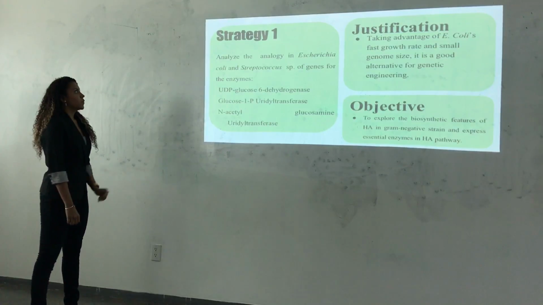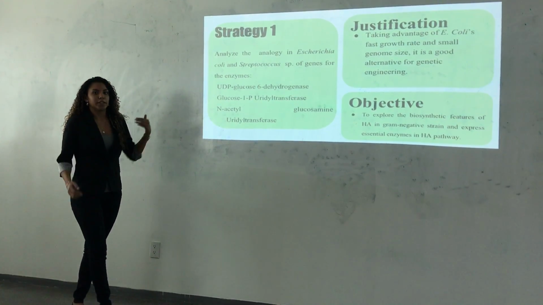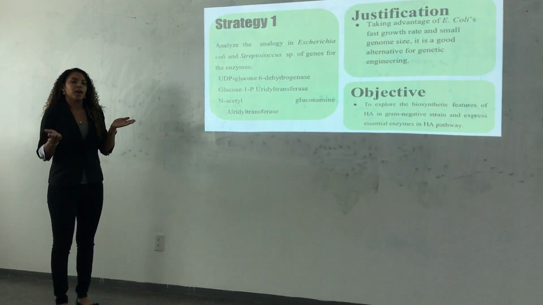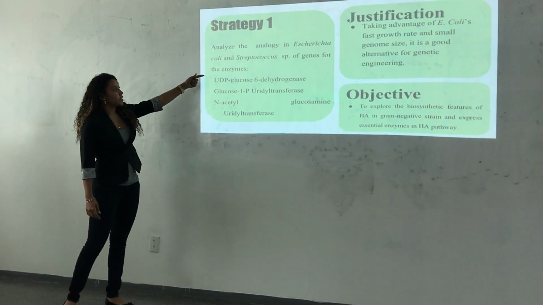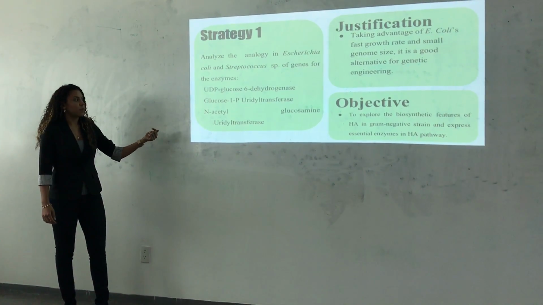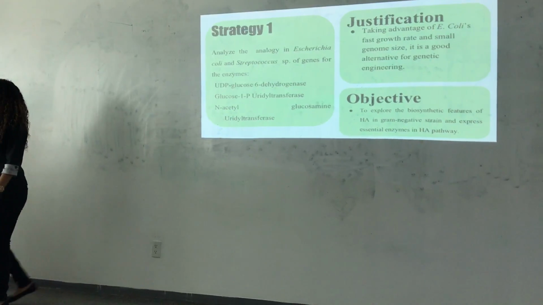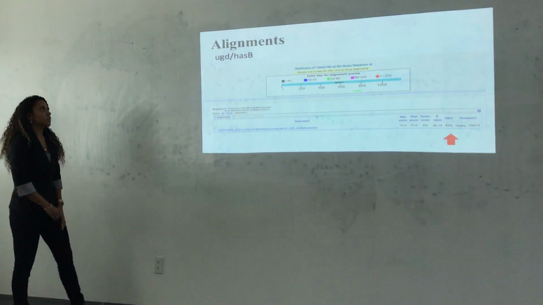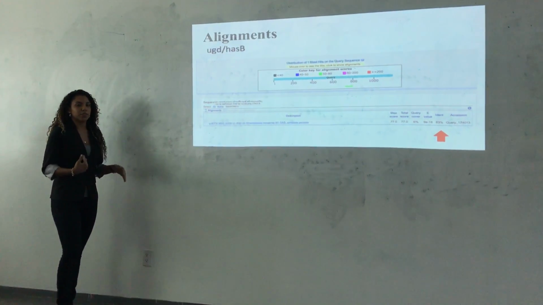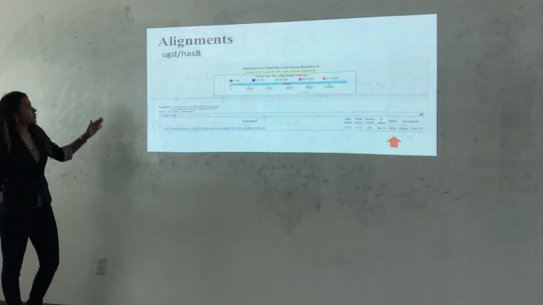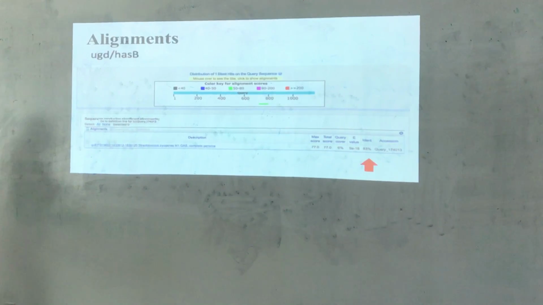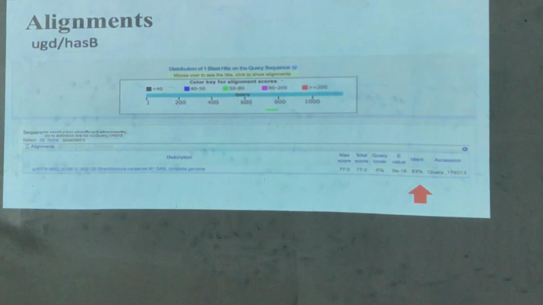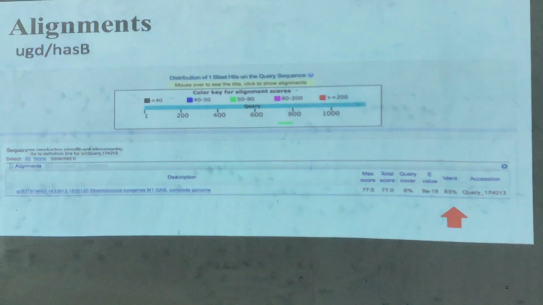So what we want is to analyze the analogy between Escherichia coli and Streptococcus genes, and these genes are the ones that encode these 3 enzymes, which are the essential enzymes in the pathway. By using BLAST, we did the alignments to see the percentage of match in those genes. The first one is UGD and hasB, which encode the first essential enzyme, and it has 83% of match.